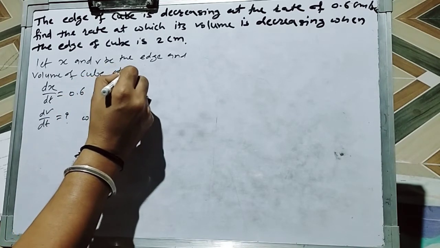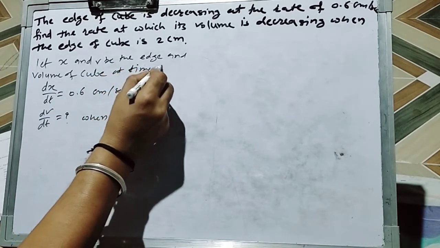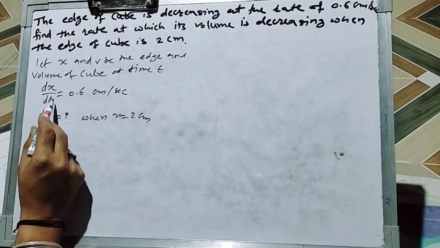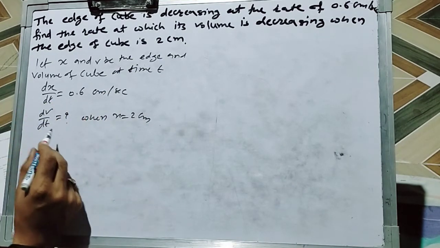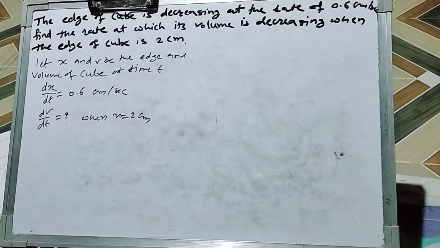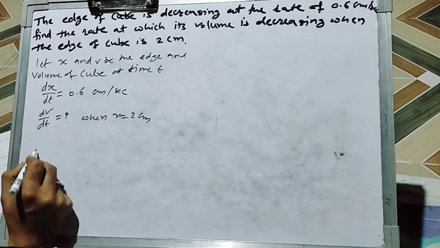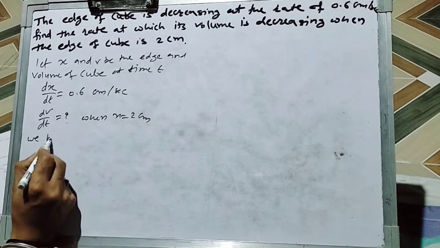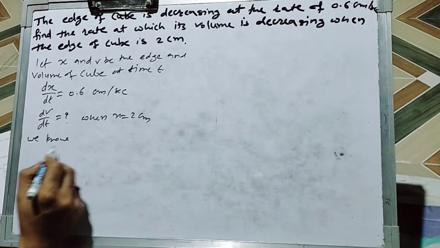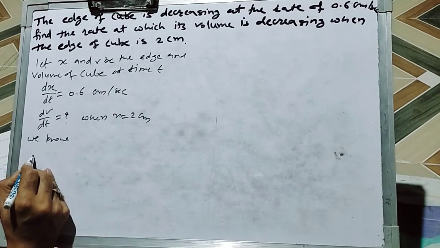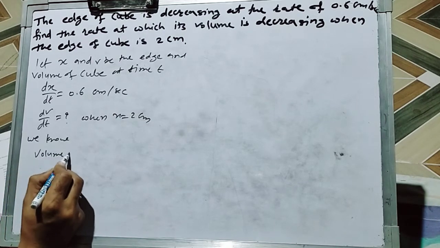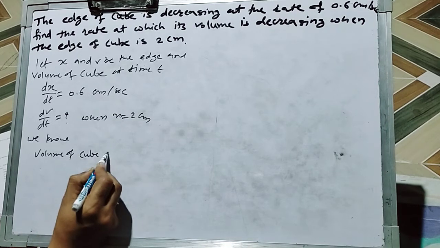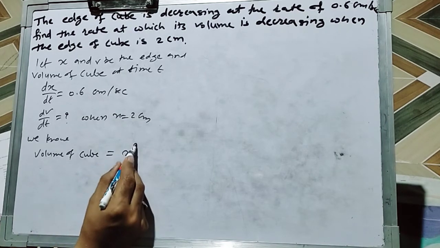at time t. So here dx by dt is equal to 0.6 centimeter per second and dv by dt is to be found whenever x is equal to 2 centimeter. So we know the formula for finding the volume of a cube is equal to x cube.